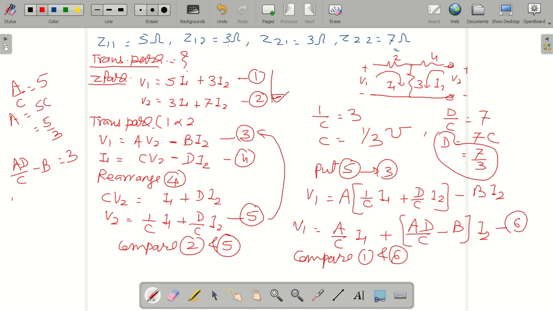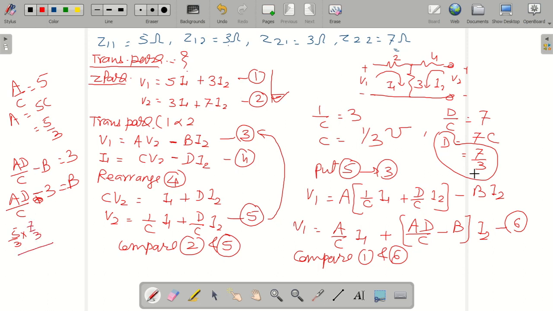So B equal to AD by C minus 3. We have to find B only. What is the value of A? A is 5 by 3. D is 7 by 3.